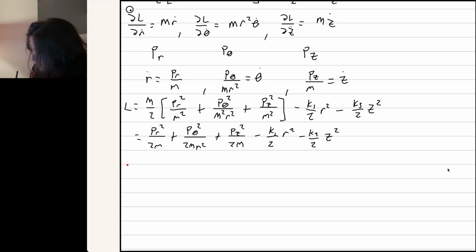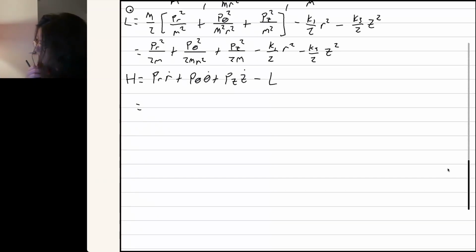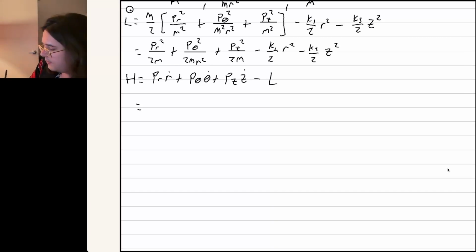The Hamiltonian then, as always, is going to be p r r dot plus p theta theta dot plus p z z dot minus the Lagrangian. We can use our definitions of the r dots and theta dots and z dots to write all of that stuff out.